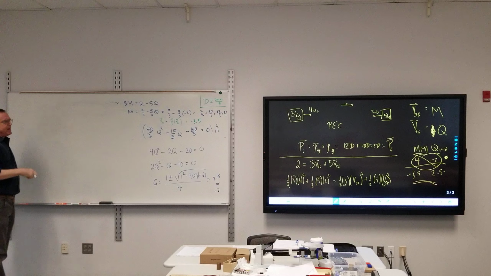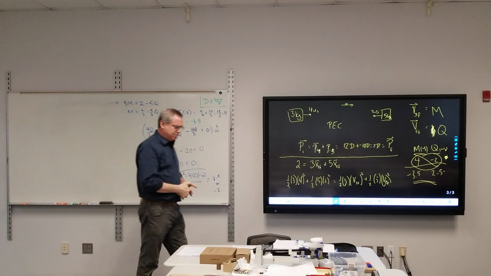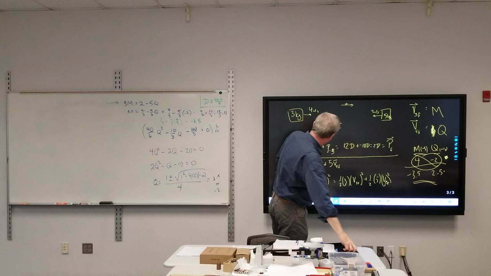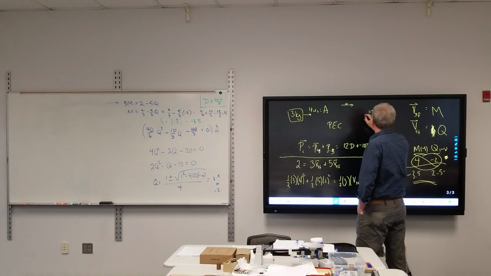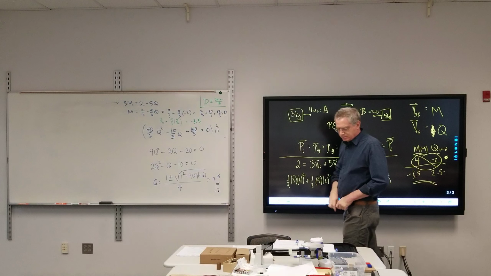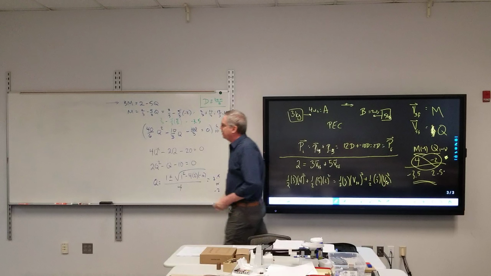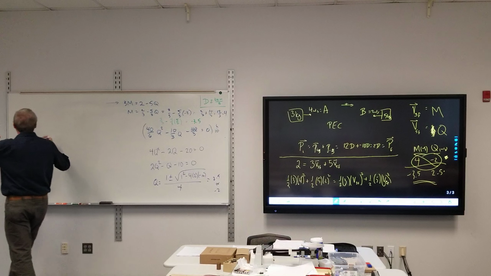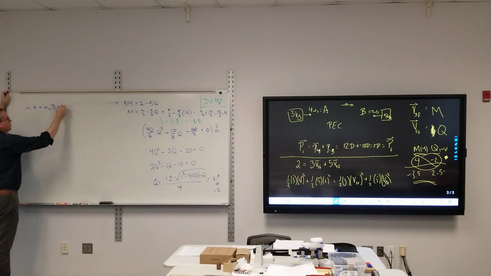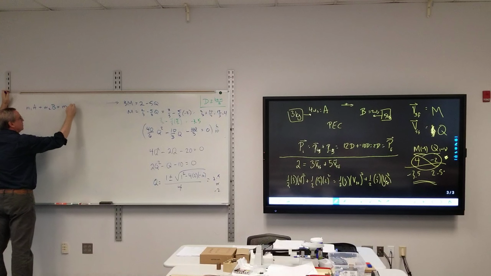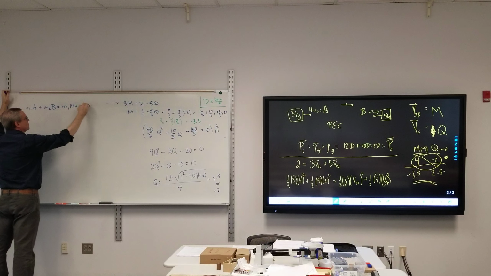So I'm going to use A as my beginning and B as my other, so I'm going to set this equal to capital A and this equal to capital B. So I have mass 1 times A plus mass 2 times B equals mass 1 times M plus mass 2 times Q.